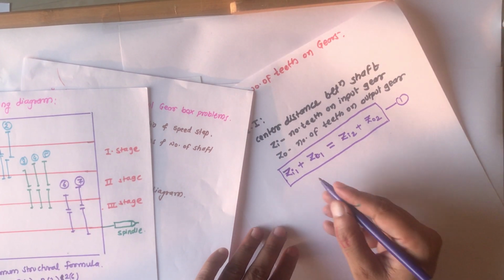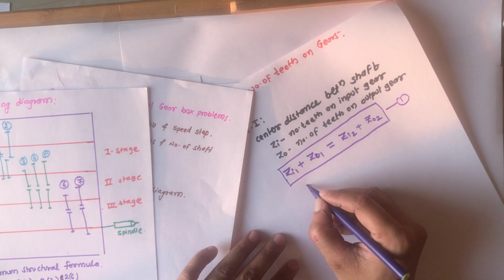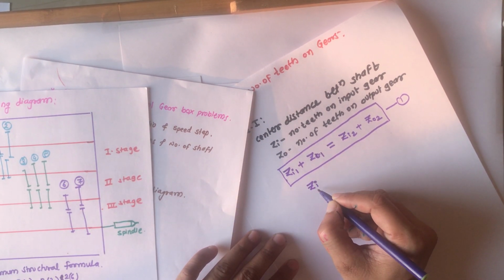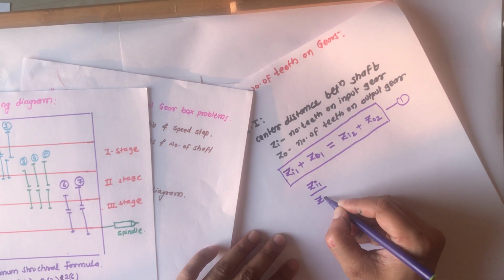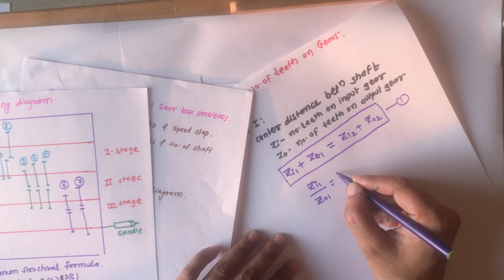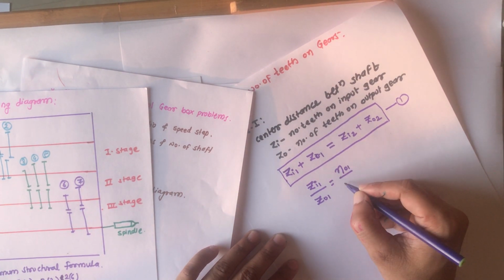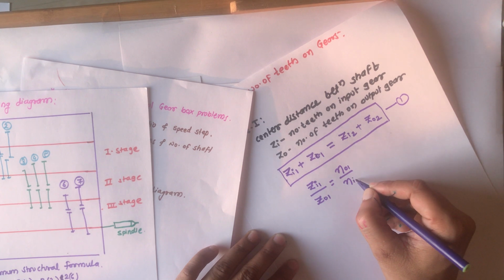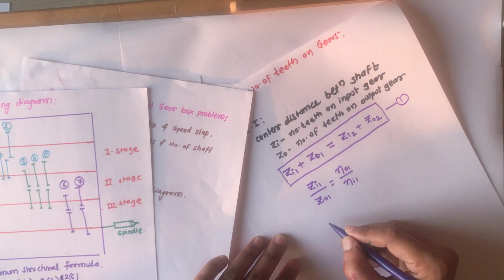Similarly we know the speed and number of teeth relation: ZI1 upon ZO1 is equal to NO1 upon NI1, the output of the first upon the input of the first.